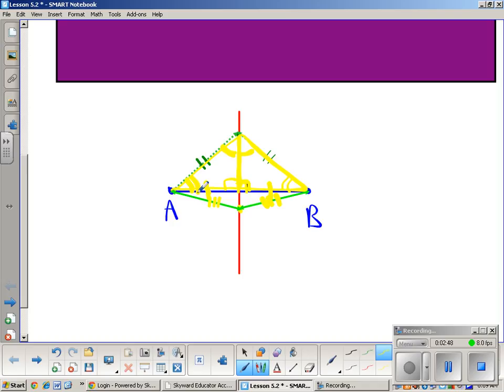Remember the rule that says if two angles of a triangle are congruent to two angles of another triangle, then the third angles have to be equal? Right? Let's say our two angles are 30 and 50. Well, they add up to what? 80. So the third angle has to be 100. Well, in another triangle, the 30 and 50, the third angle would have to be 100. Okay? So they have to be.